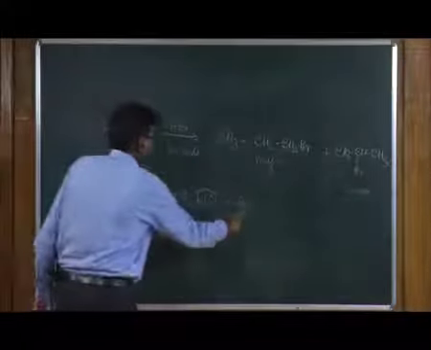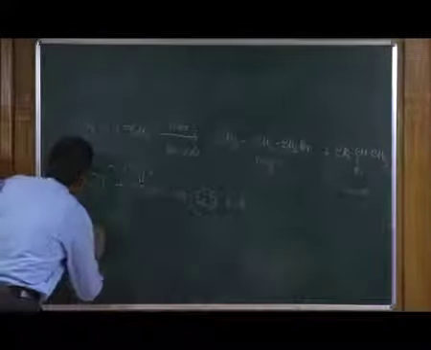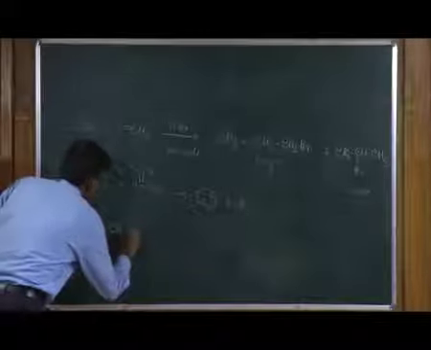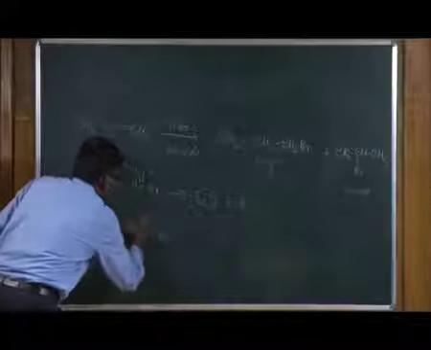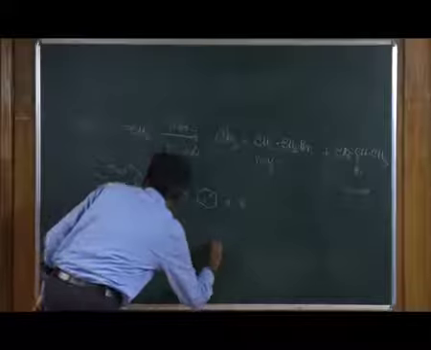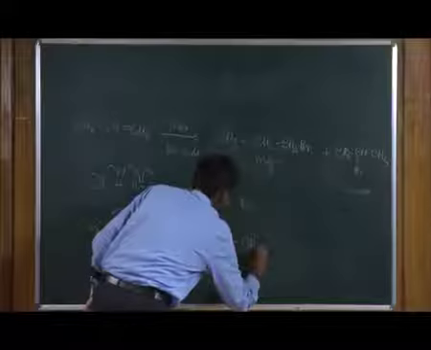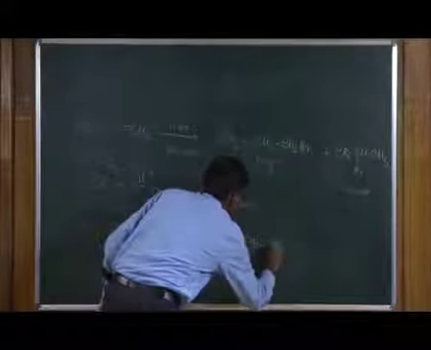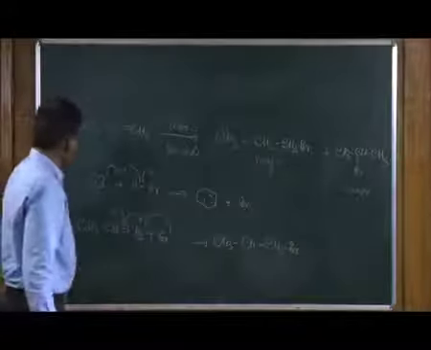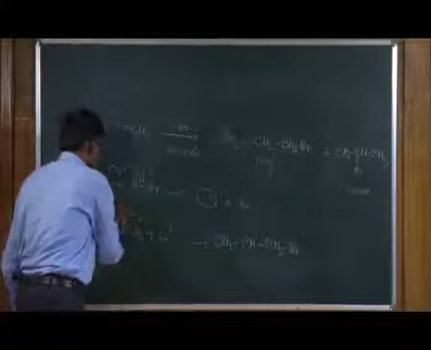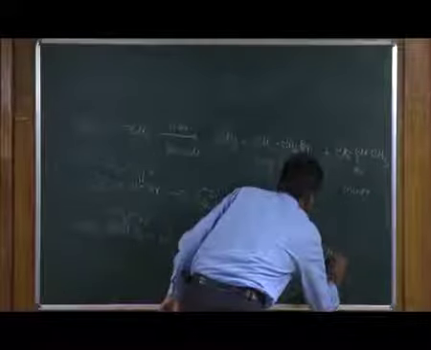This Br radical can now undergo addition to the alkene. On the other hand, it can also undergo addition at this carbon, and then you will get the primary radical.